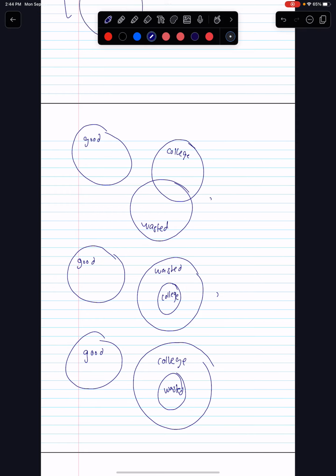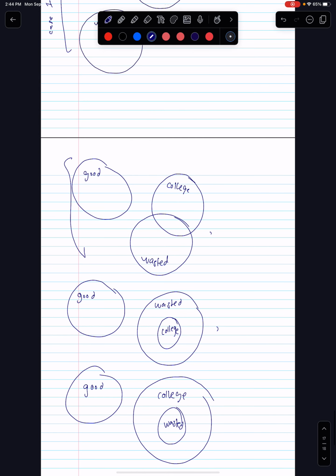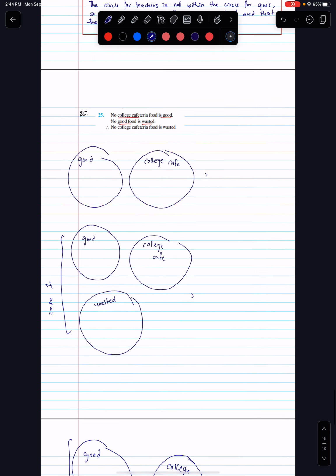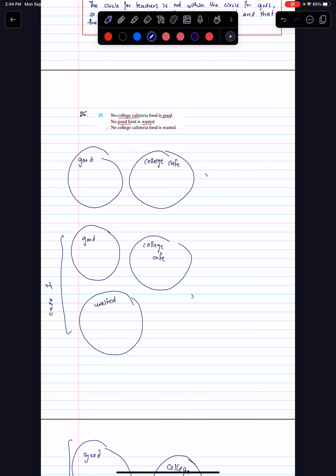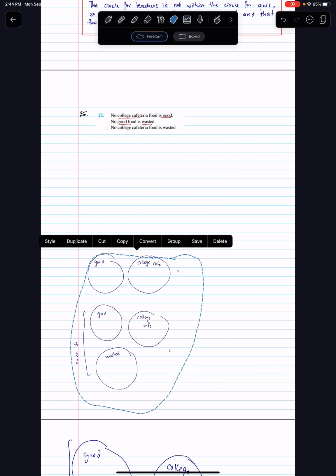What all these diagrams are to present is that we don't know what's going on here. This could be a little messy, my bad. But all that to say, we don't know. We don't know what the scenario is. All we know is that good food and wasted food are not related.